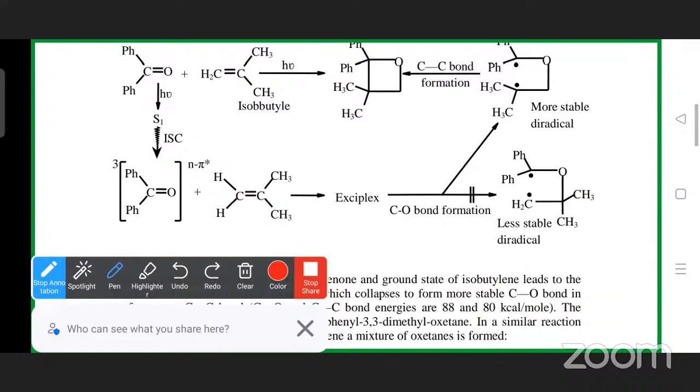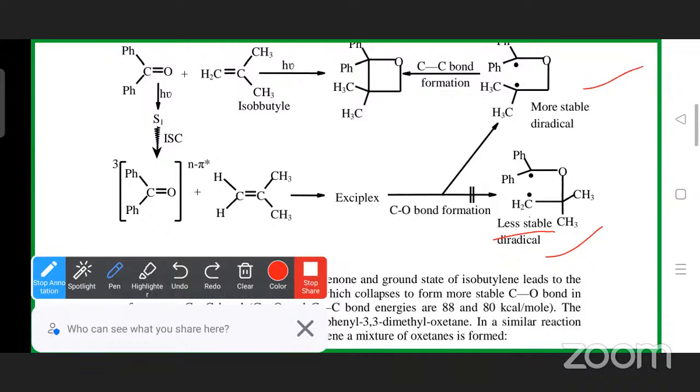Radical. Okay. So if a substituted radical, then we will get the more stable radical here.